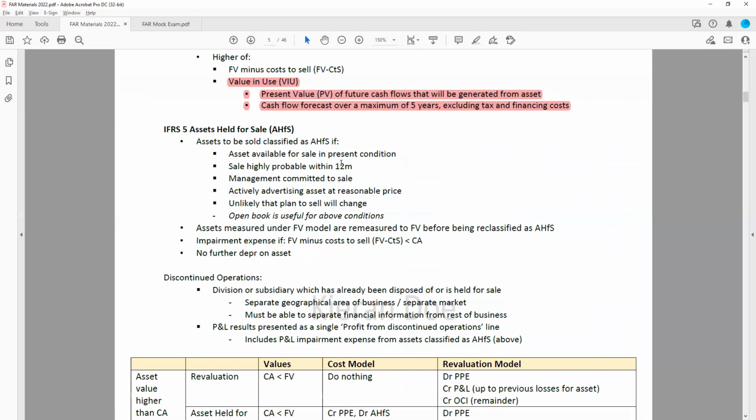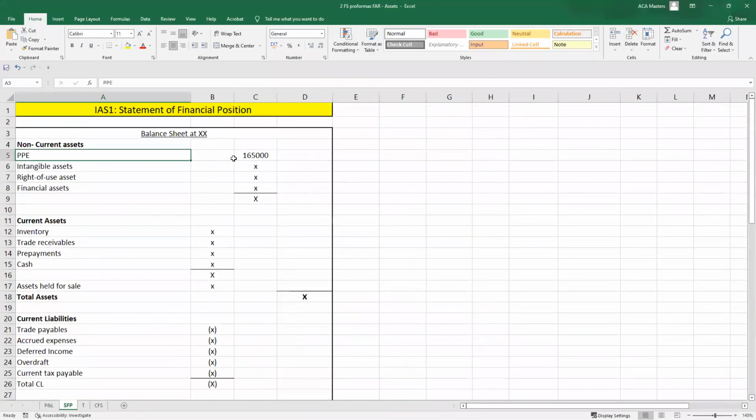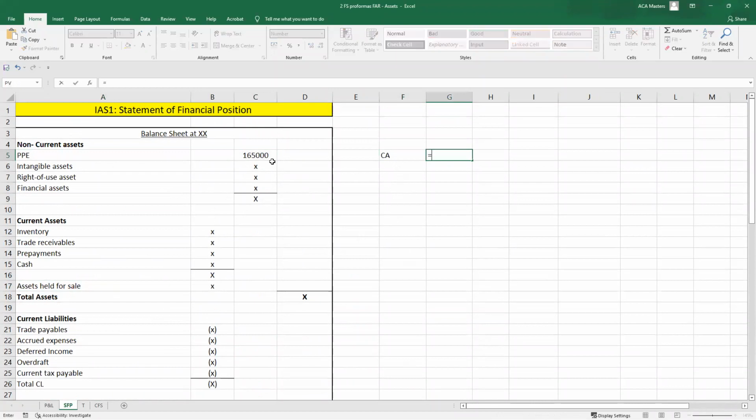This is a bit fiddly, because we've said we firstly remeasure it to fair value, like a usual revaluation under the revaluation model. But when you actually take it out of PPE and put it in assets held for sale, you measure it at the lower of its carrying amount and fair value minus cost to sell.